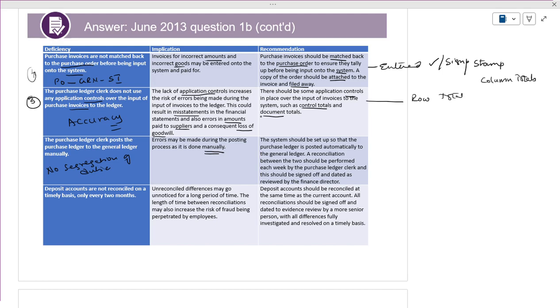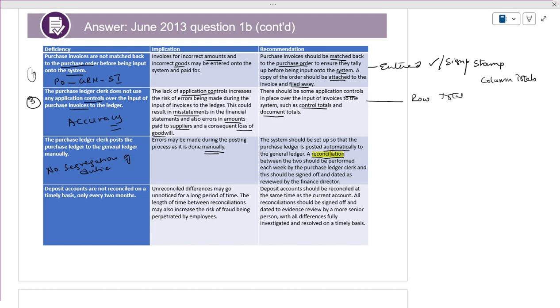The system should be set up so that the purchase order is posted automatically. Once you are posting automatically, there should be a reconciliation. You have to verify whether everything has been posted or not between the two. This word is also very important: reconciliation.